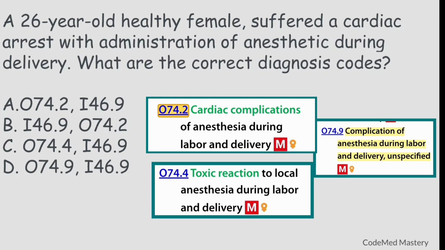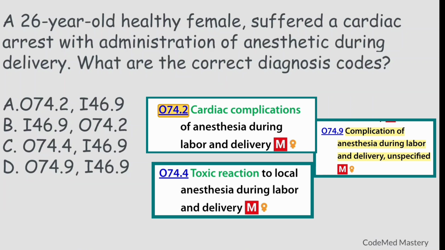We'll eliminate option C and D, O74.4 and O74.9, because O74.4 is for toxic reaction to local anesthesia during labor and delivery. But in the scenario, they have given cardiac arrest with administration of anesthetic during delivery. So we have to code for cardiac complications of anesthesia during labor and delivery, O74.2.